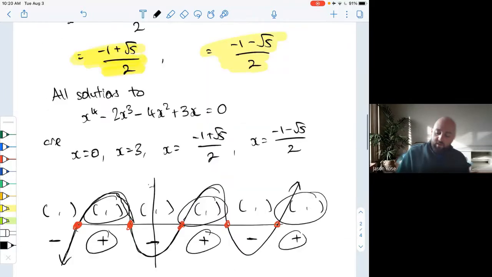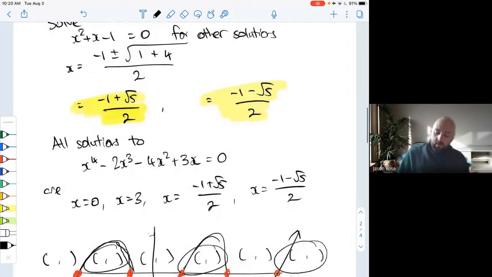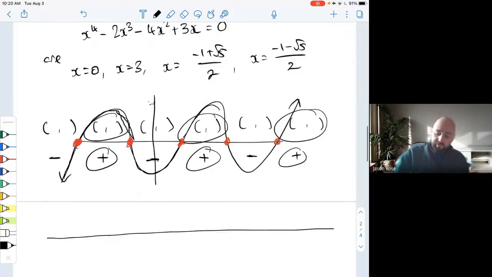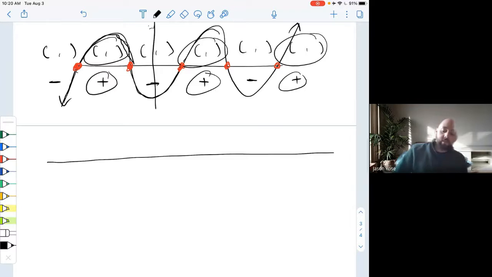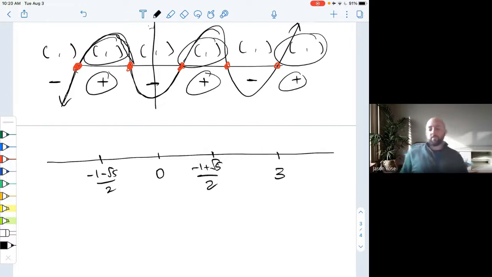The first of all these numbers is going to be (-1 minus root 5)/2, because that's the furthest to the left number that we found. Next will be 0. Next will be (-1 plus root 5)/2. And over here we have 3.